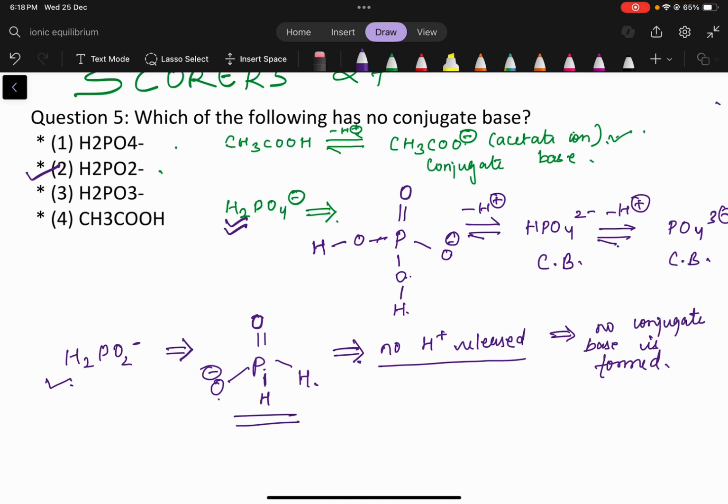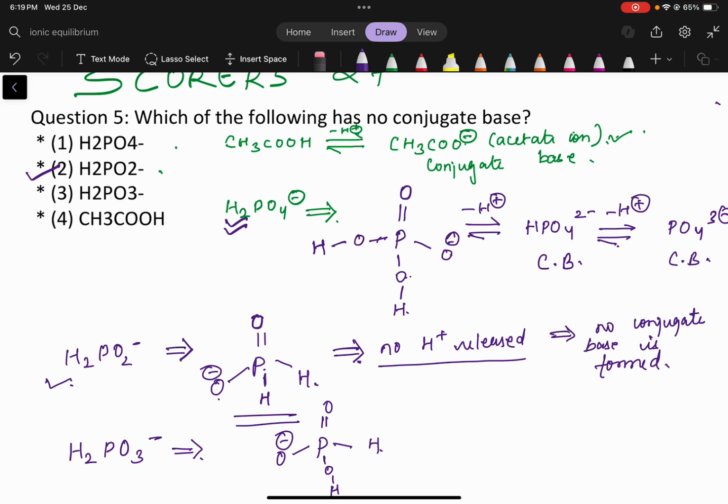Now let's analyze also one more option over here, H2PO3 minus, right? Which is also known as dihydrogen phosphite, H2PO3 minus. So let's first draw the structure of H2PO3 minus. P double bond O, single bond H, single bond O, H, and this one is O minus, right?